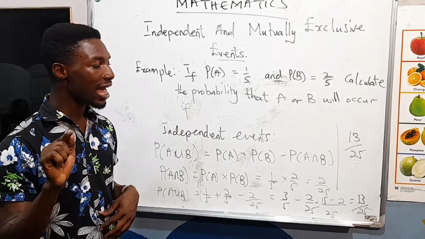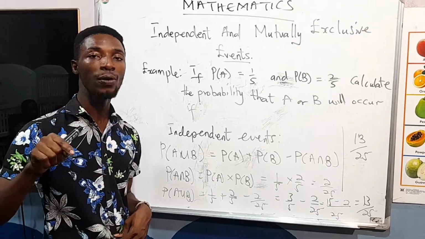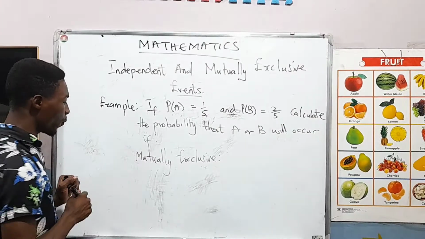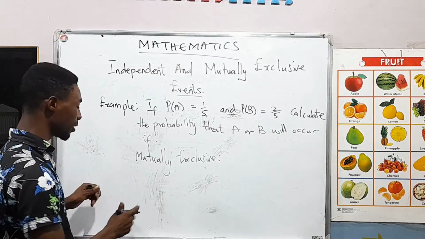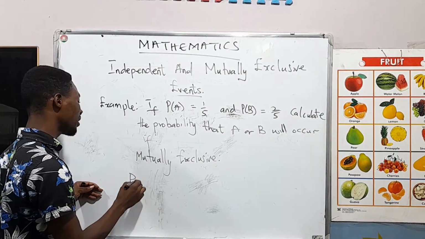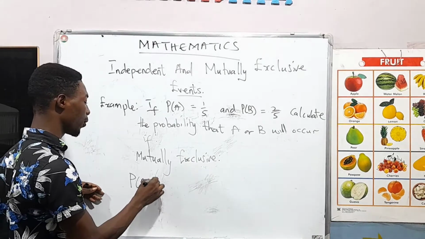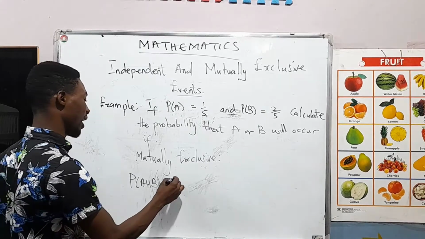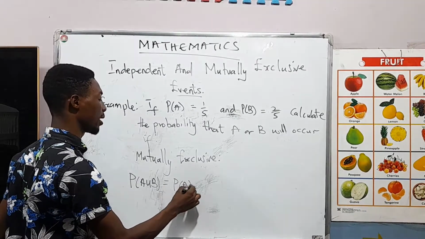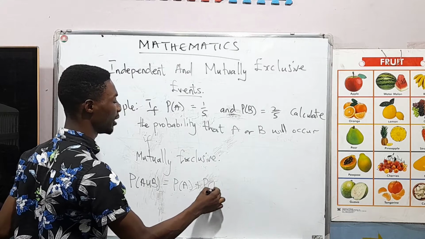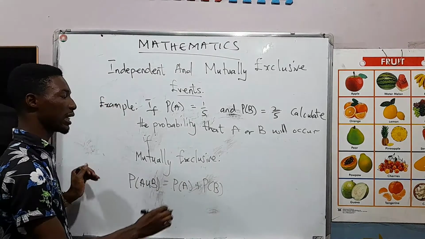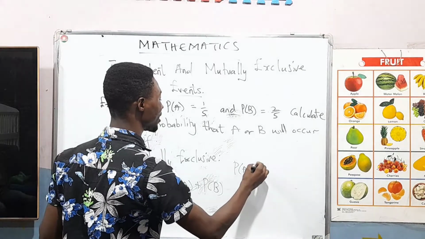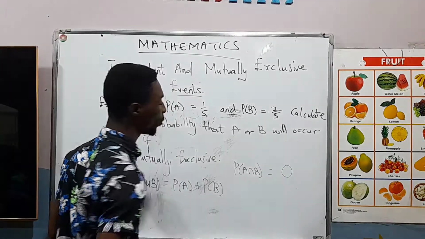Let's consider the last situation where we are now taking the events to be mutually exclusive. So we say that for mutually exclusive events, the probability that A or B will occur, written as the probability of A union B, is the probability of A plus the probability of B, simply because the probability of A and B occurring at the same time, which is the intersection, is 0.